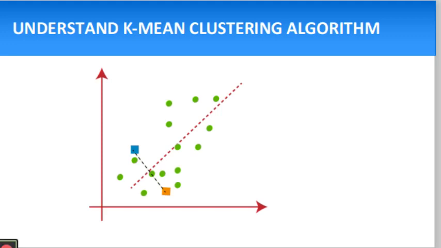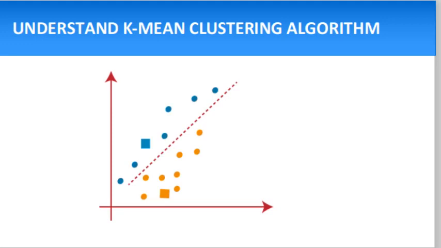Okay, now we will assign each data point of the scatter plot to its closest k point or centroid. We will complete it by applying some mathematics that we have studied to calculate the distance between 2 points. So we will draw a median between both the centroids. Okay, so just see this image.